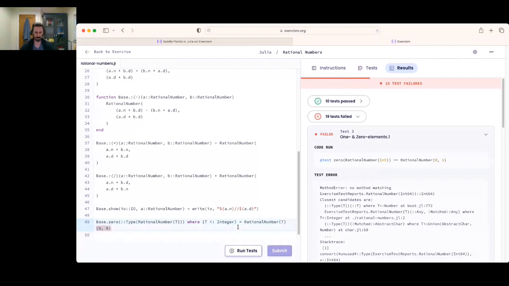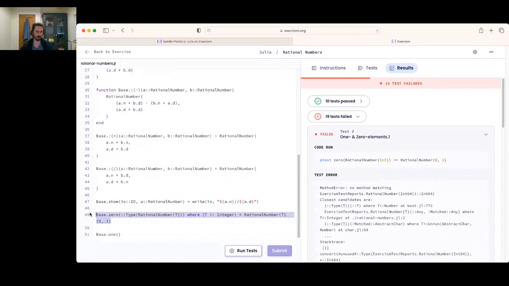Zero, 0. Is that right? No, it can't be 0, 0. 0, 1. I think that works. No, because it depends on what the type is.